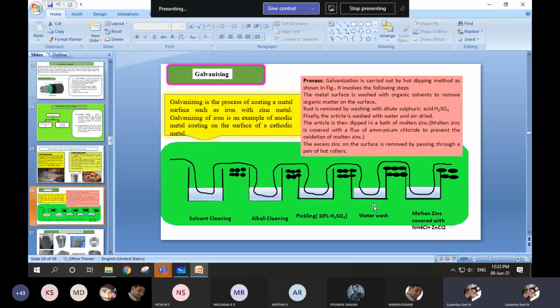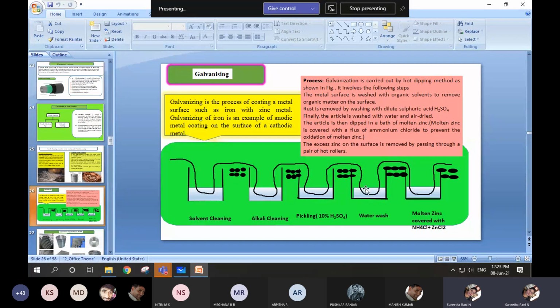The hot water is used to remove the excess zinc or molten bliss. Along with this water, it contains 10% molten zinc, and this helps in placing a thin layer on the surface of the iron.